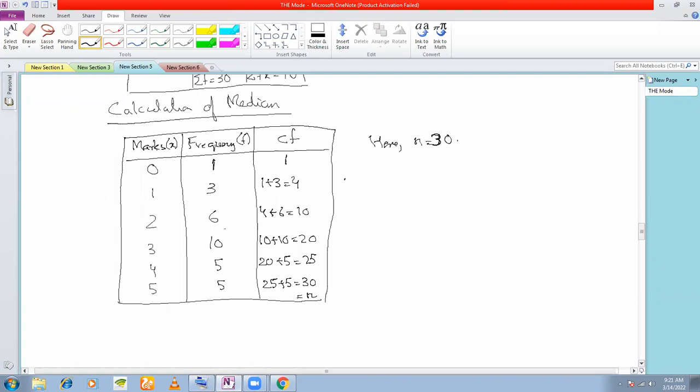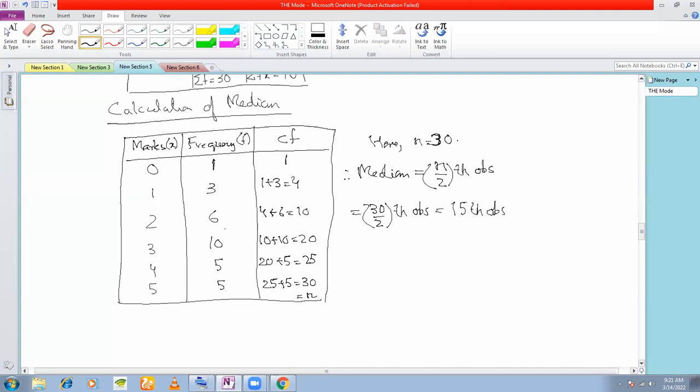Now, for median, as I told you in the last class, for this frequency distribution you can take either the n by 2th observation or the n plus 1 by 2th observation. Both will work. So here median is equal to the n by 2th observation, which is 30 by 2, the 15th observation.